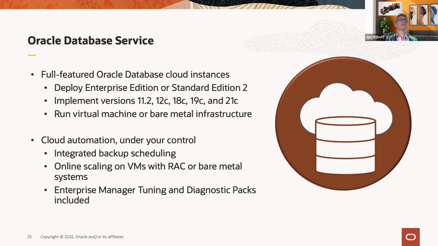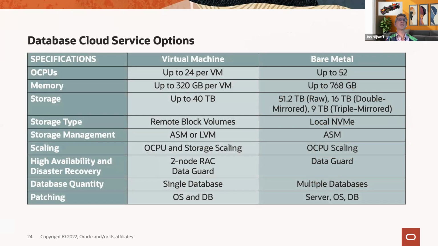The important thing about database cloud services, and why it's a platform service, is that a lot of work is taken away from you and made easier through cloud automation and flexibility, but also integrated backup scheduling and a lot of lifecycle management actions, like creating a database or a database system, are done for you. For patching you have a patching wizard and that kind of thing. So that makes life a lot easier.